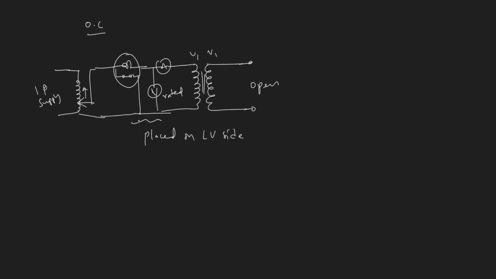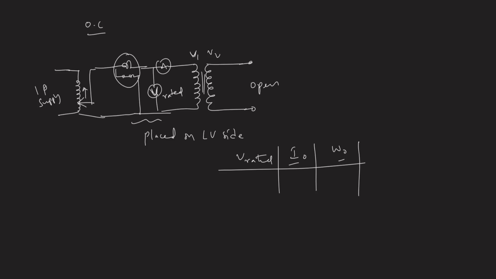This is V1 and V2, till this voltmeter reads the rated voltage of the primary. At the rated voltage of the primary you take down the reading of the ammeter and the reading of the wattmeter. So these two readings will give me the no load current drawn by the transformer and the no load wattage drawn by the transformer.